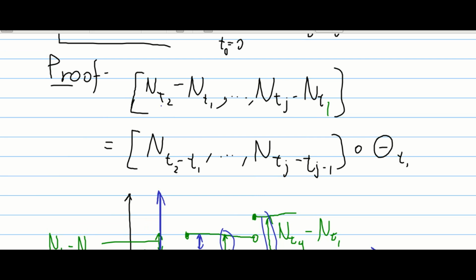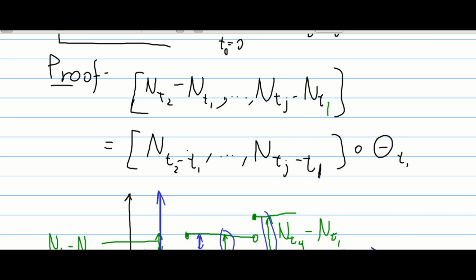So this is why we can remove this thing here. Theta is taking care of this, but we have to shift time. So it's T2 minus T1 until Tj minus T1. Here is T1. Okay, so we have proved this equality of events.